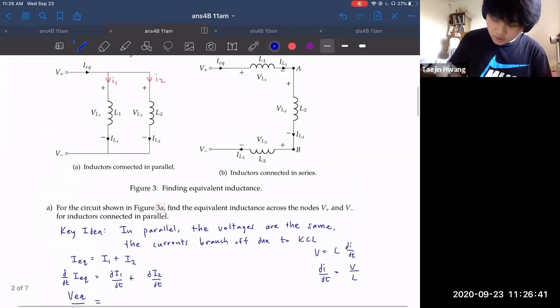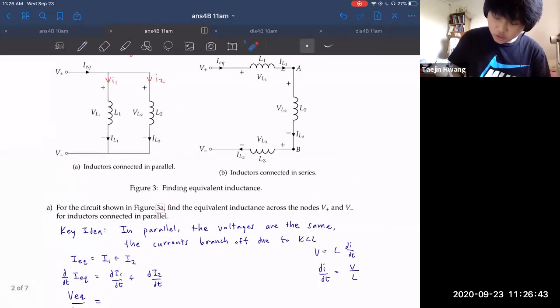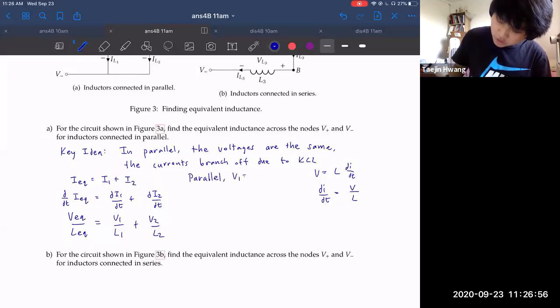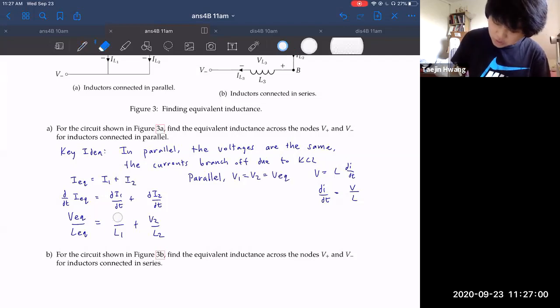We have two inductors, each with voltage difference, V1 over L1 and V2 over L2. But since they're in parallel, we know that V1 equals V2 equals V equivalent.